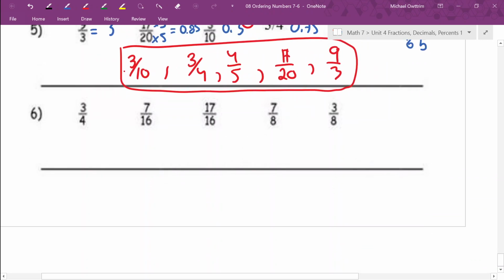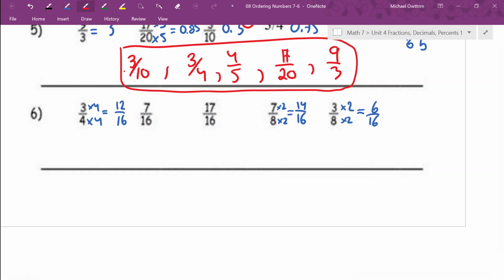And our last one here, if I look, I can convert everything to a denominator of 16. So I'm just going to do that and not even bother with decimals. Alright, so smallest to largest, I'm going to have 6 out of 16 as smallest.